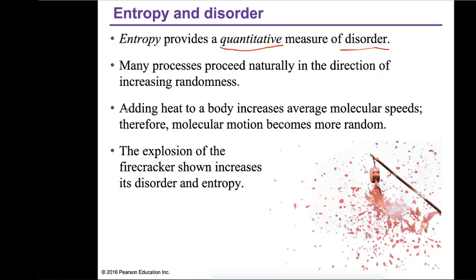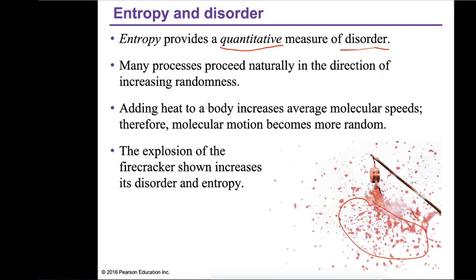For example, when you add heat to a body, the heat increases the average molecule speed, and the molecules in the object become more random. The explosion of a firecracker here shows an increase in disorder and entropy.